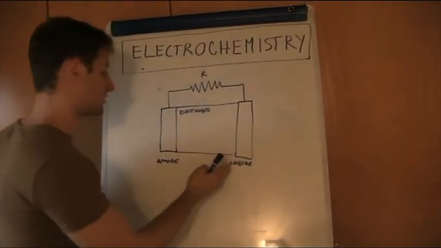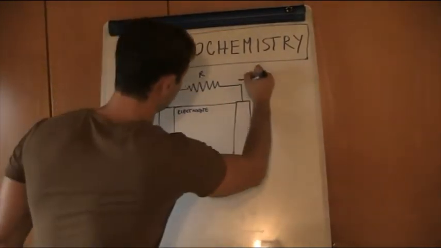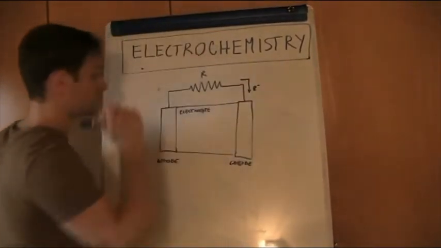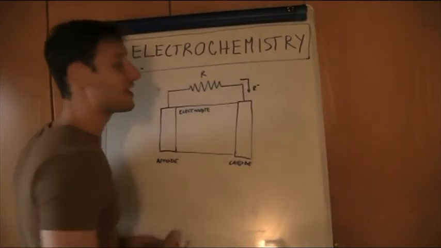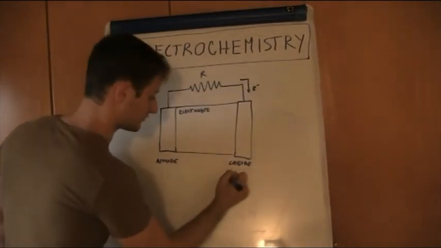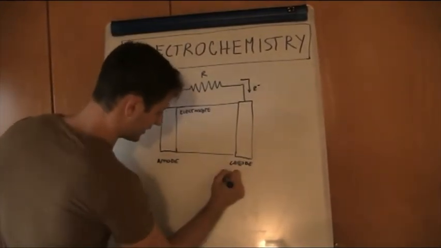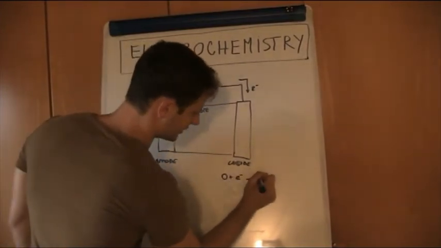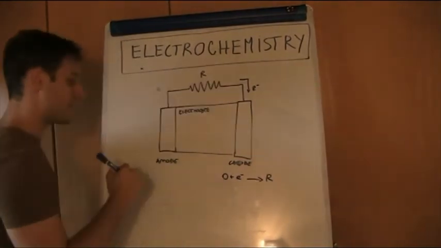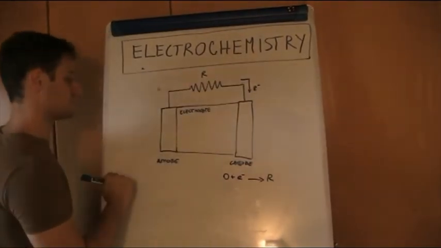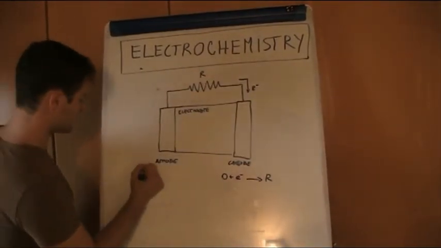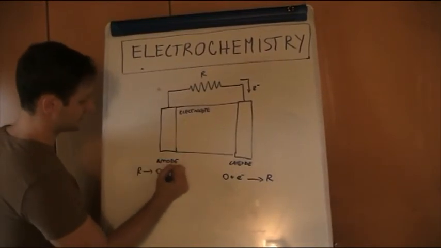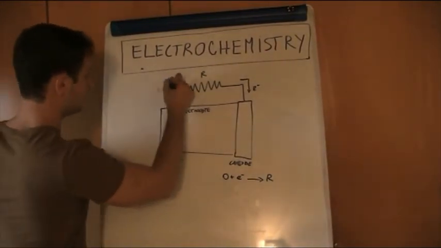So in the cathode, electrons are collected from the external circuit in order to promote the reaction of one species. And so, for instance, we have something like this that is going in this direction. Whereas in the anode, we have the opposite. One species is oxidized in order to release electrons.